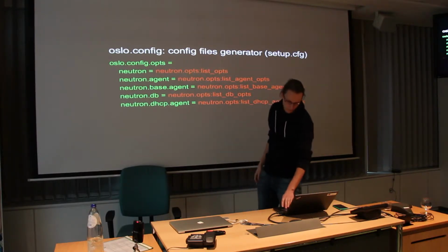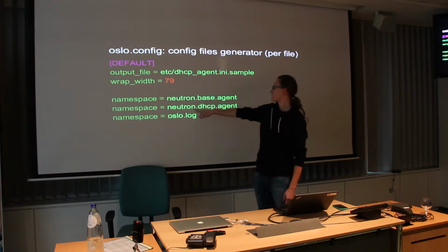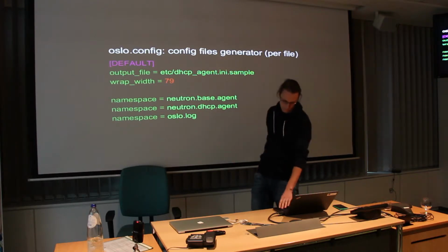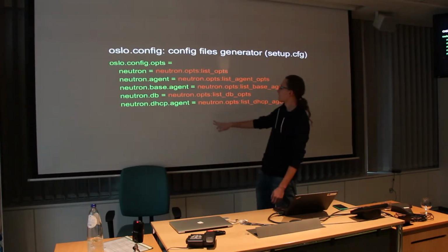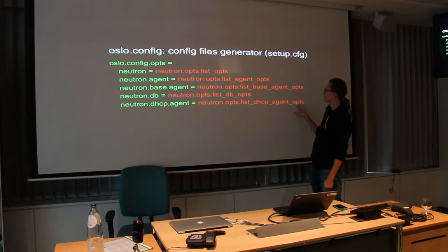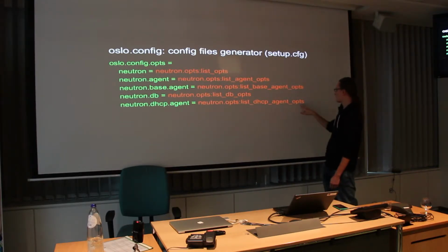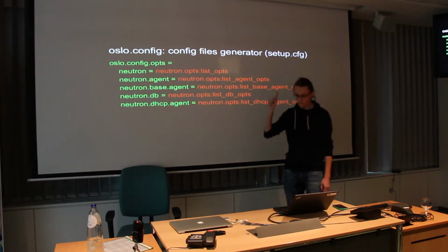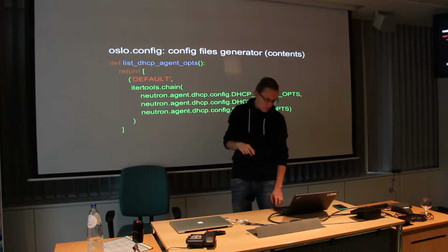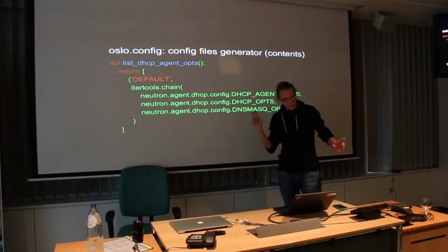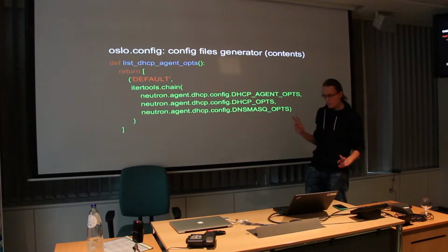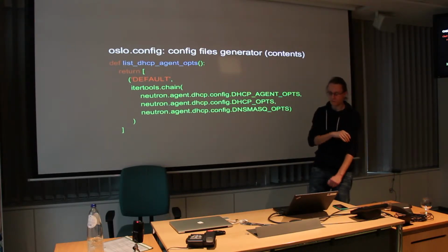So if you go back and see that, for example, we have the Neutron DHCP agent namespace enabled, and you go to setup.cfg, you see it is defined here, right? So that's list DHCP agent options. That's some function, and that function will actually return a list of option section definitions.